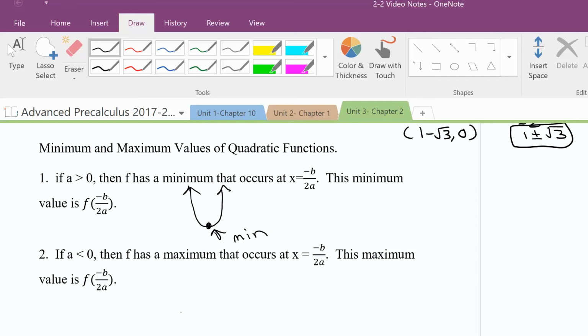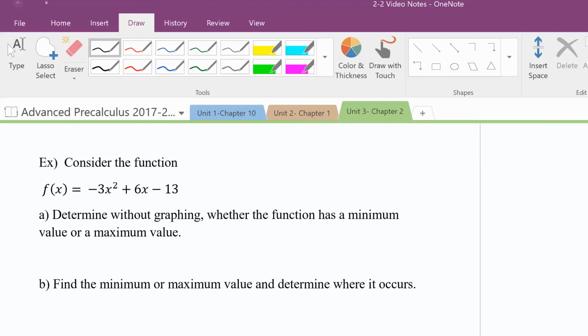And if the a term is negative and it goes down, then the vertex is a maximum value. So, given this function here, looking at this function, you know here you're going to have a maximum value since the a term is less than 0, it's negative.